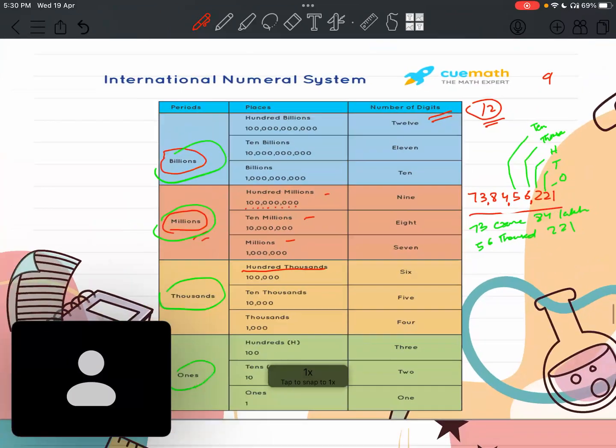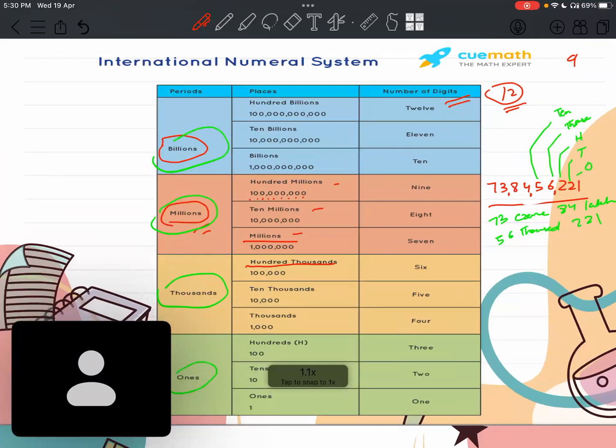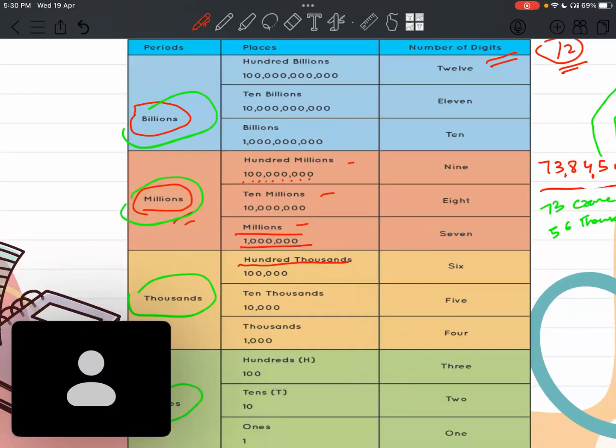See here, this is million. How many zeros are here? 6 zeros, right? So 1 lakh has 5 zeros, one, two, three, four, five, and 10 lakh will have 6 zeros.